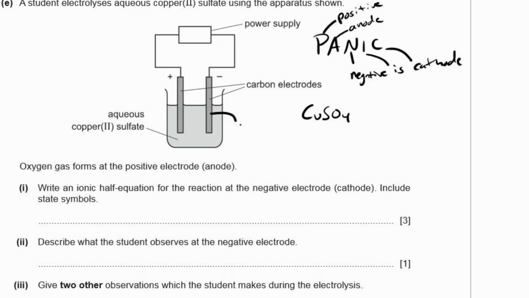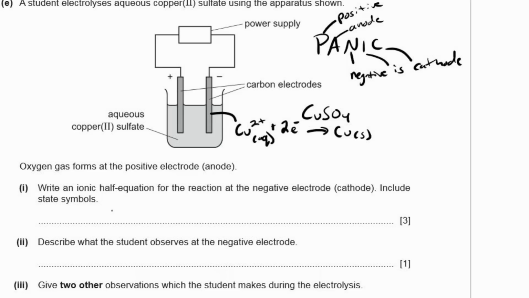Okay, so we have Cu2+, and that's aqueous. So copper ions dissolved in water that are blue, plus 2 electrons that balance out these 2 positives, produce Cu solid. Okay, that's the half equation they're talking about.